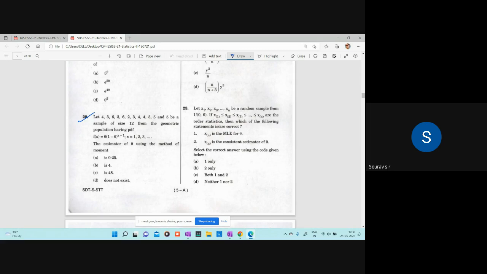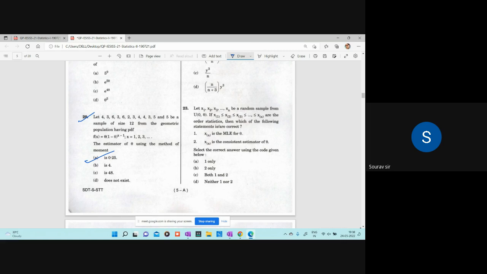Am I audible? Yes, ma'am. How are you proceeding for question number 20? Ma'am, expectation of x is equal to x bar. So what is the answer you have obtained? Good. 0.25. This is going to be the answer.